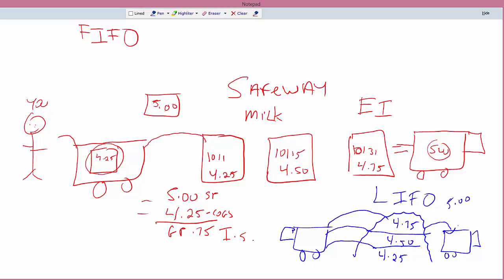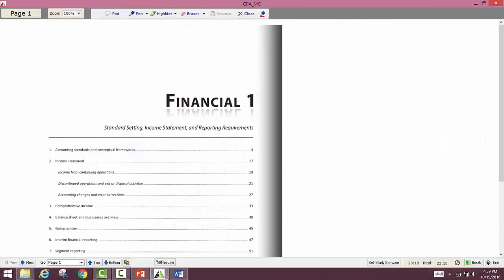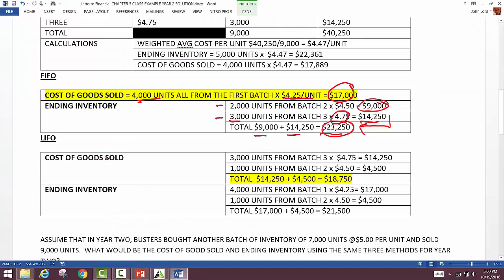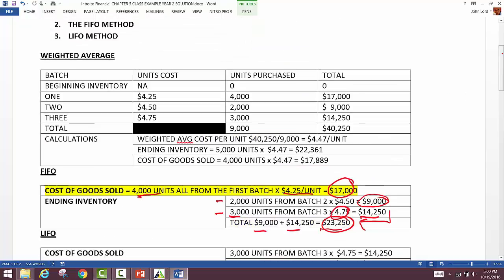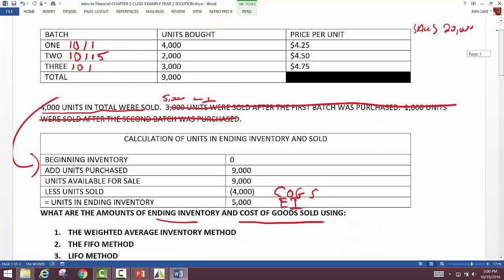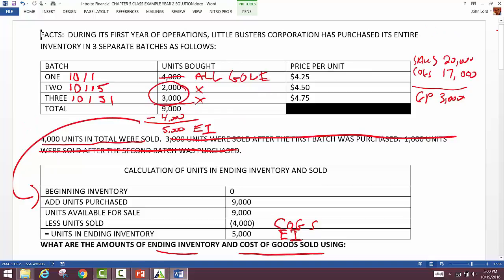So what happens here now? Let's go back to our little example. Okay, and let's look at the LIFO one. Now, same set of facts. Let's review the facts. They bought 3 batches, 4,000 in the first batch, 2,000 in the second batch, 3,000 in the third batch, right?